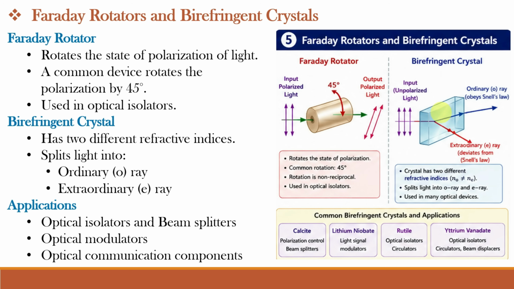These crystals have two different refractive indices, so they split the incoming light into two separate rays called the ordinary ray or O ray, which obeys Snell's law, and the extraordinary ray or E ray, which deviates from Snell's law. Materials such as calcite and lithium niobate are commonly used to manufacture these devices, and they play an important role in modern optical communication systems.